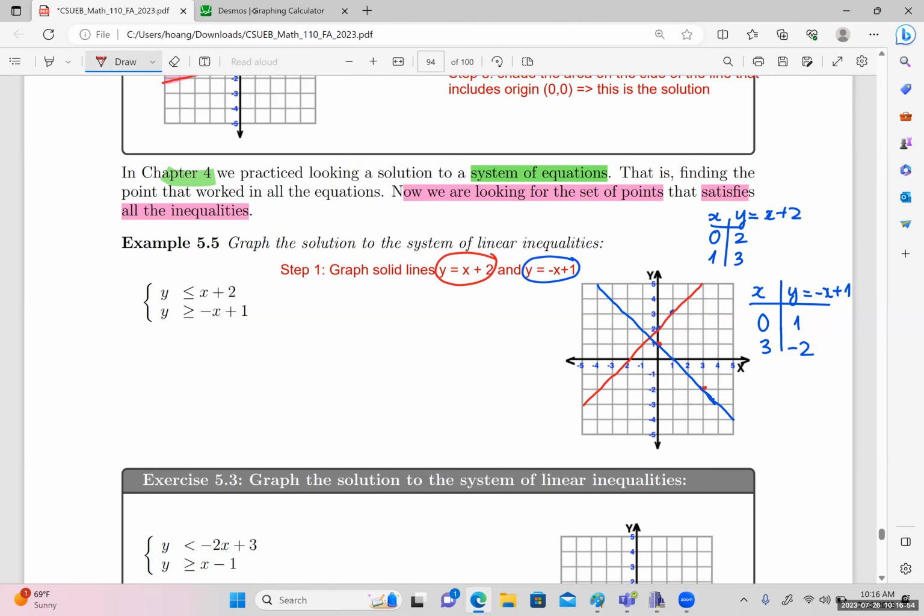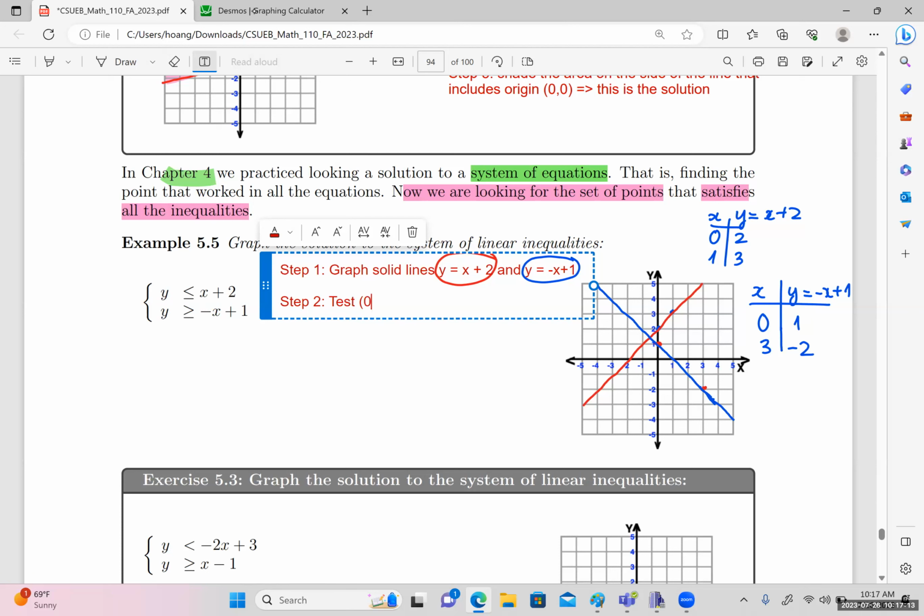Okay. So we're done with step 1. We're going to do step 2, which is test 0, 0, because 0, 0 is not on either of them, right?